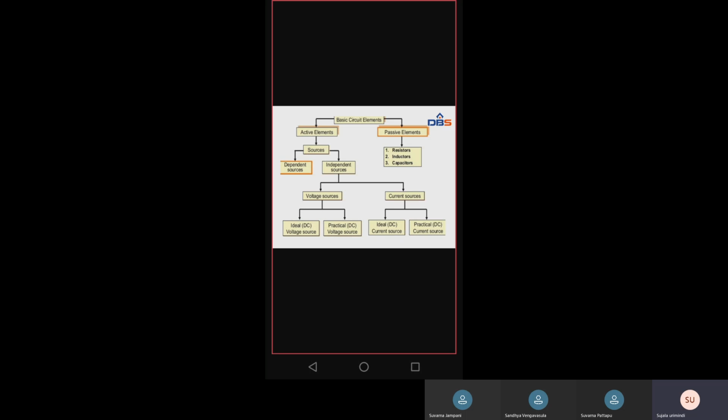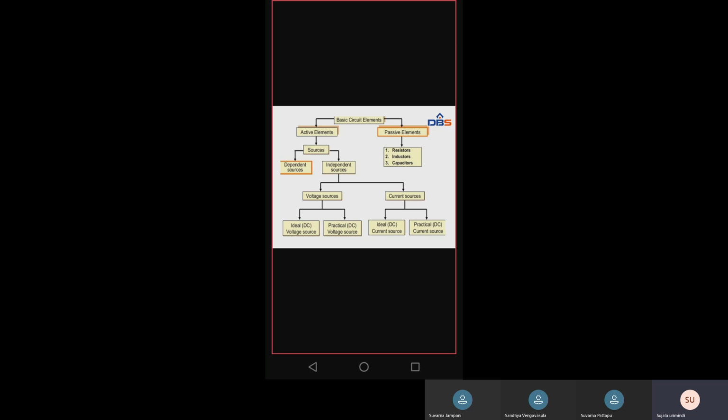In the ideal case it is constant, but in the practical case there is a drop in the voltage, so there is a little variation in the curve. That means ideally it is constant, but in practical it has some slope, which is the drop.